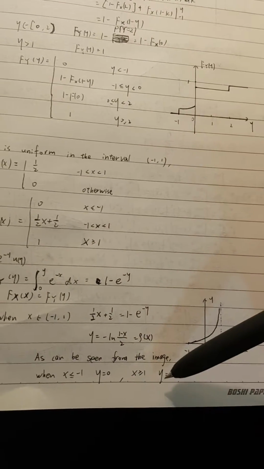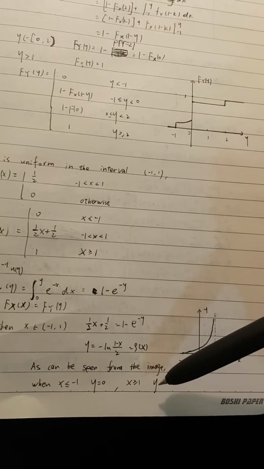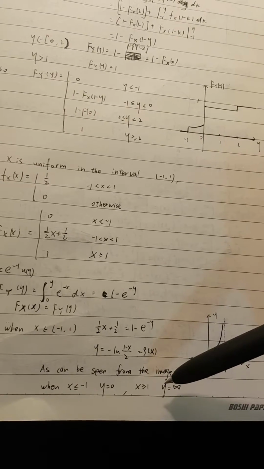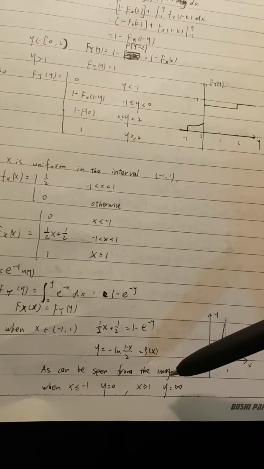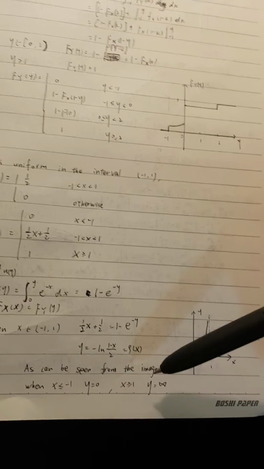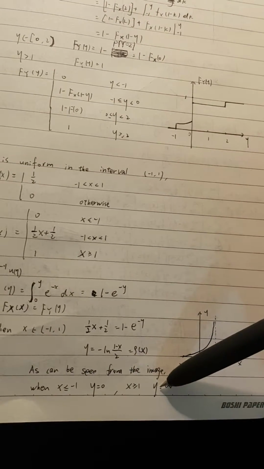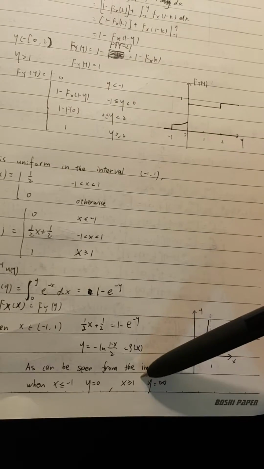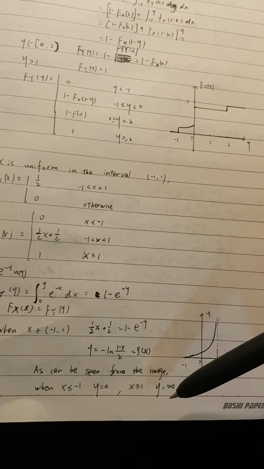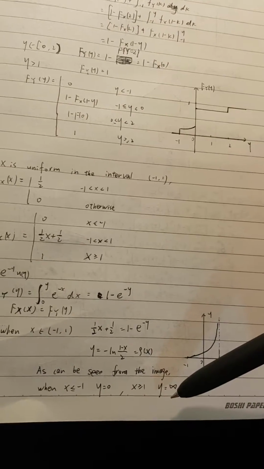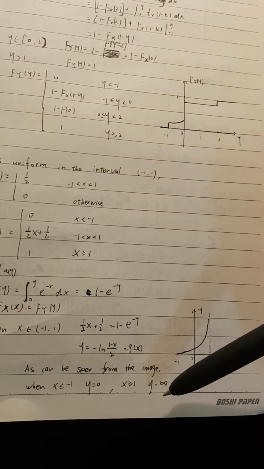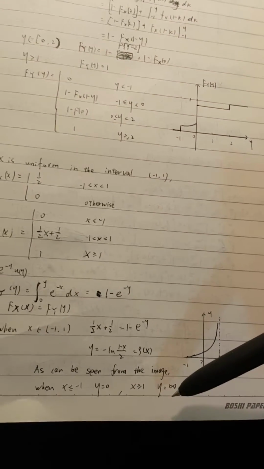At this part, I write that when x is less than -1, y equals 0, and if x is bigger than 1, y is to infinite, the positive infinite.